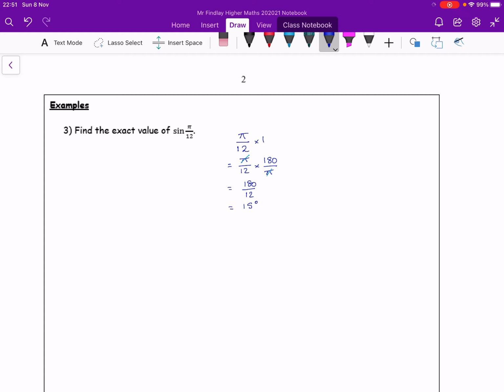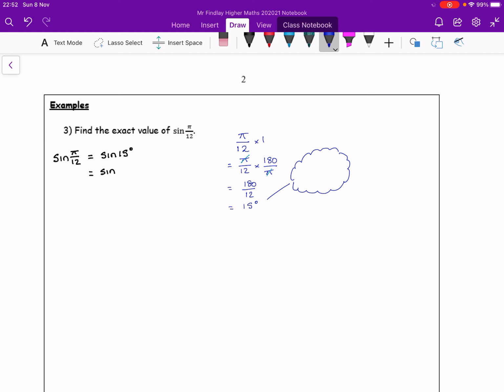So what I'm saying is I want the sine of pi over 12, which is exactly the same as sine of 15. Again, I'm going to look at my exact values.